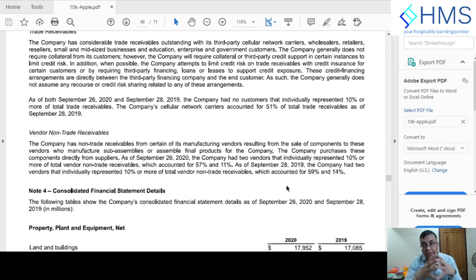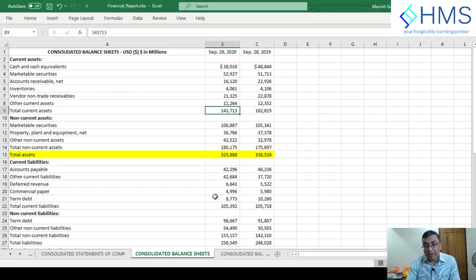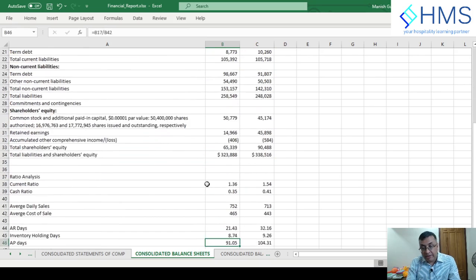The dues that they have are actually pending for the assets, the worth of inventory that is lying in their hands. If you see that, then our cash holding ratio is actually going to be different. Now we get more information about the company. So this vendor non-trade receivable is actually the inventory which is being held.